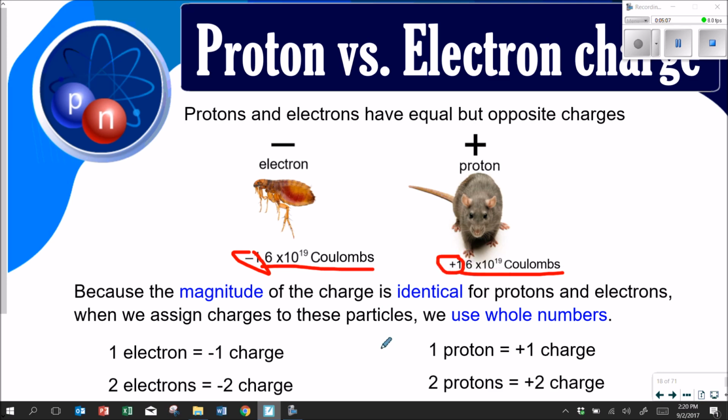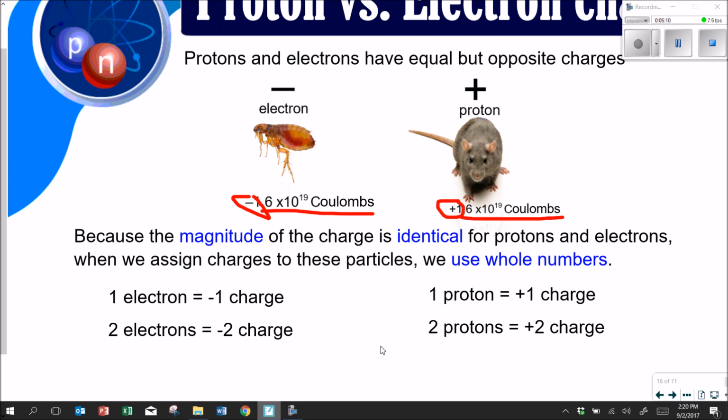Because the magnitude of the charge is identical for protons and electrons, when we assign charges to these particles, we use whole numbers. So for example, one electron will have a -1 charge, two electrons a -2 charge. One proton will have a +1 charge, and two protons a +2 charge, and so on.